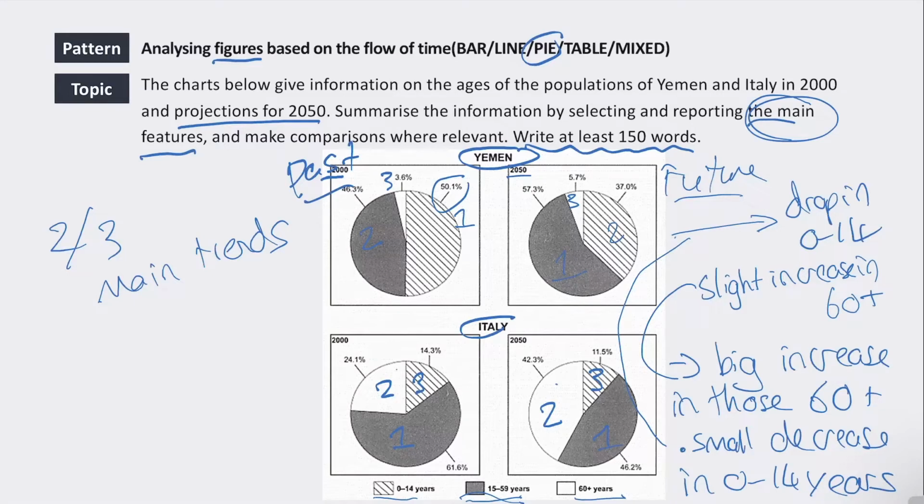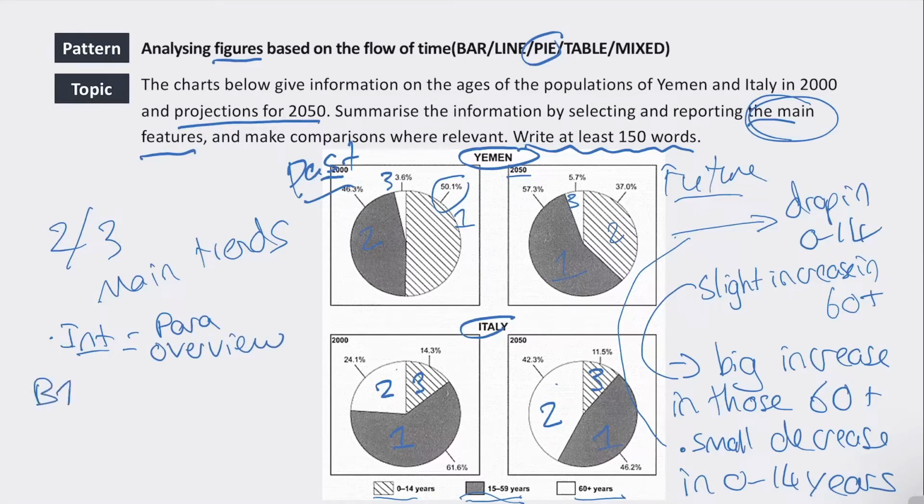Okay, and then you've got to think, how are you going to structure this essay? A lot of people jump straight into task 1 and just start describing. You've got to be very careful, and you've got to think very clearly about how you're going to structure it. So if I was going to structure this one, you probably have your introduction. This is when you do your paraphrase. Okay, and then this is when you do your overview of the main trends.